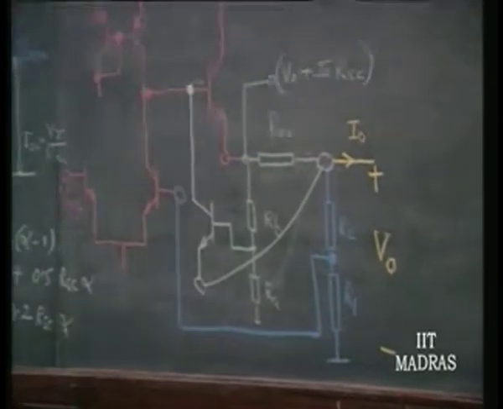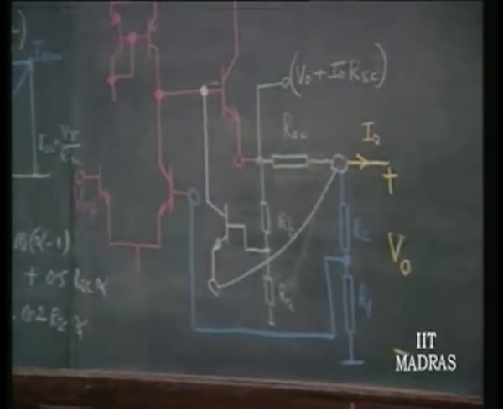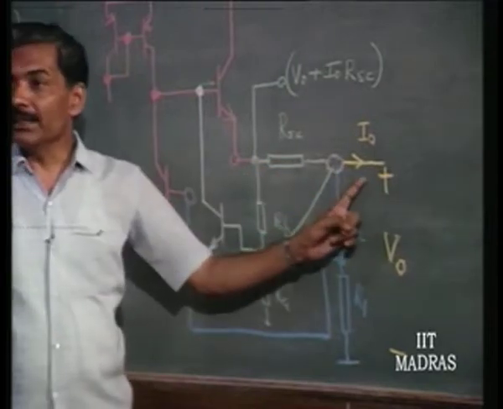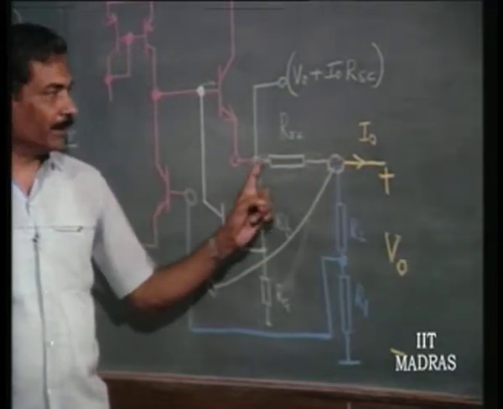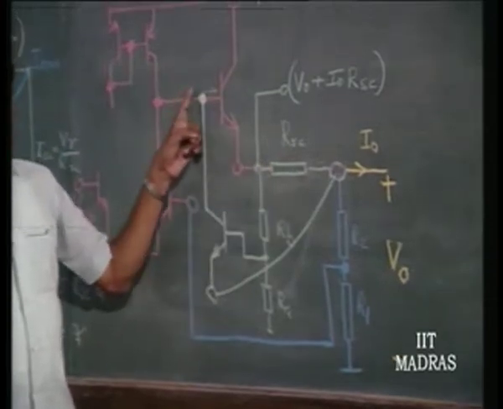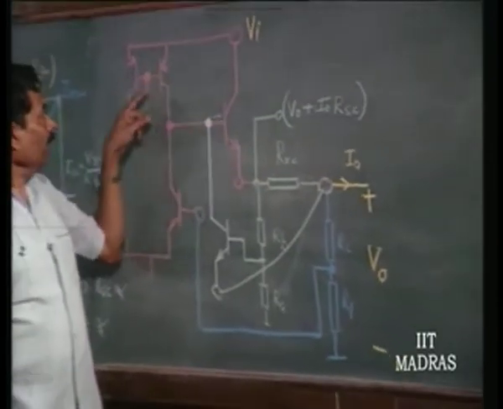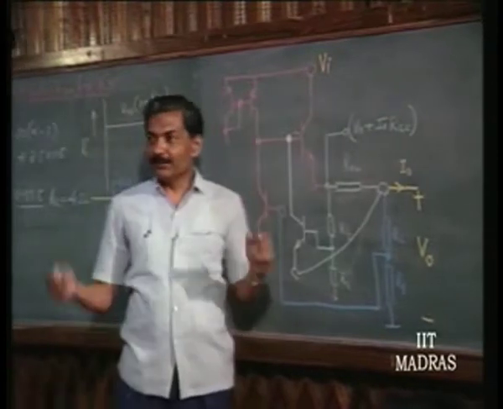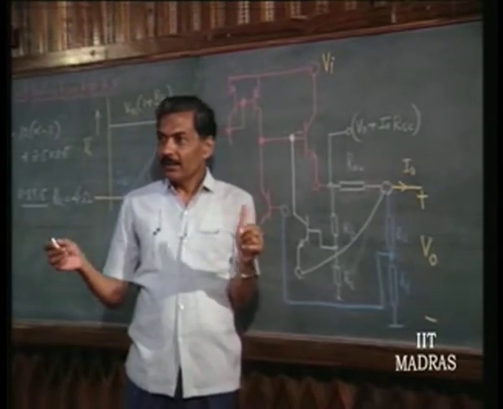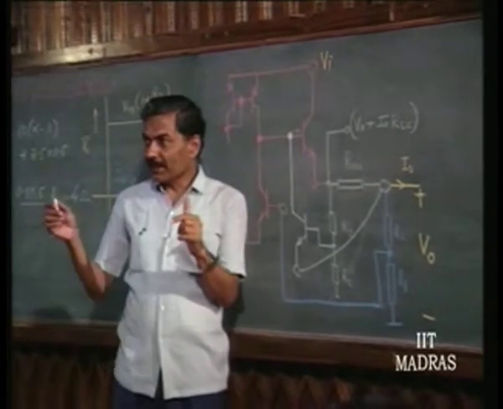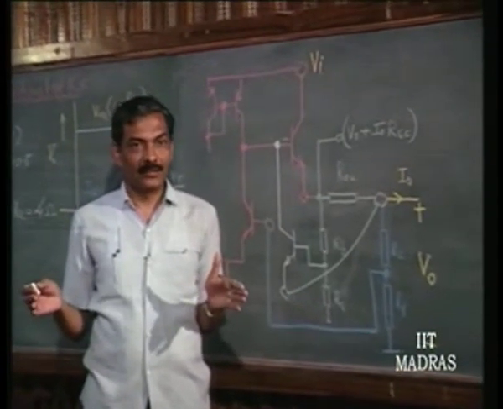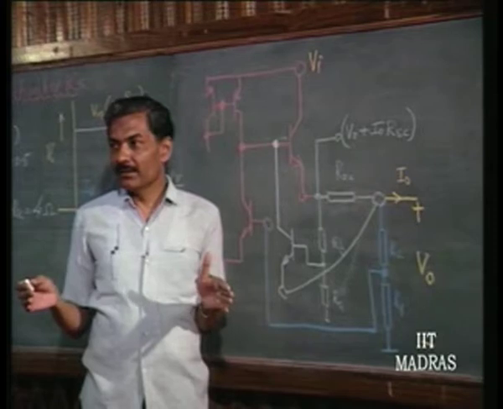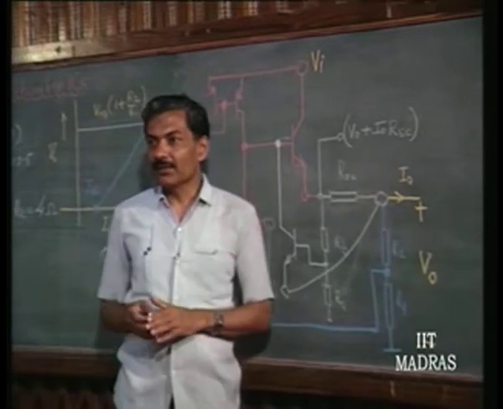In this situation, it is 4 into 0.5. 2 volts drop is already here when it is working satisfactorily, right. So, 2 volts drop here and then 0.7 and then 0.7. That means the Vi minus V0 requirement, that differential requirement, is increasing. This is how things are going to result.